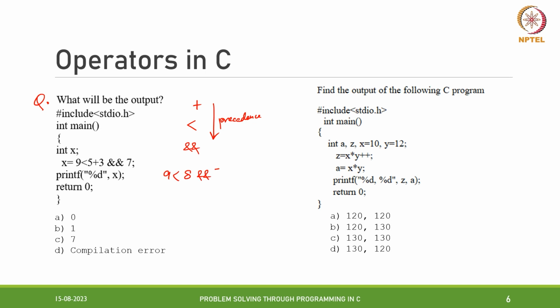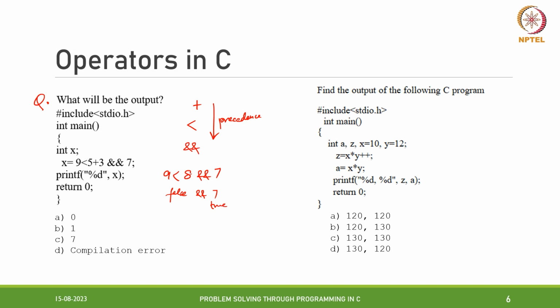Option A, it's 0, sir. You are correct. Now the addition has been done, and the next operation is the less than operation. We compare it, and it turns out that it is false, right? And we do a logical and with 7. As I said earlier, anything other than 0 is true.